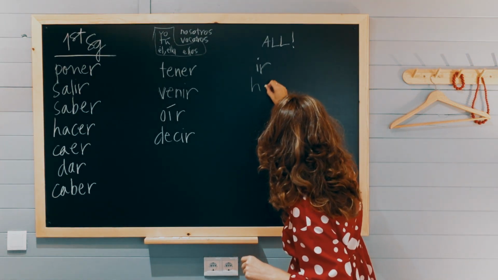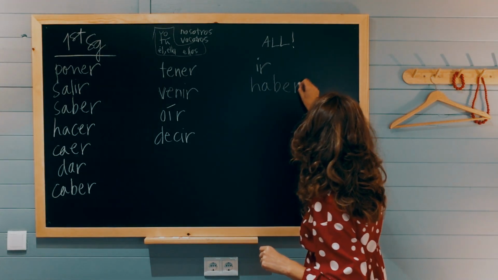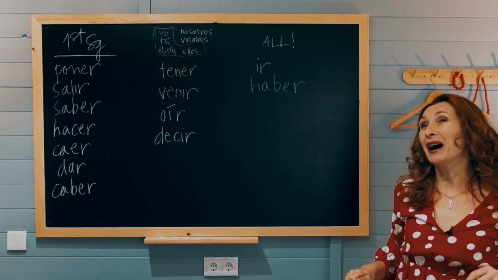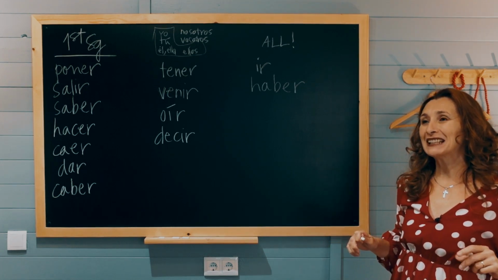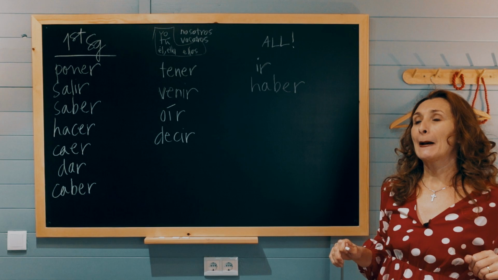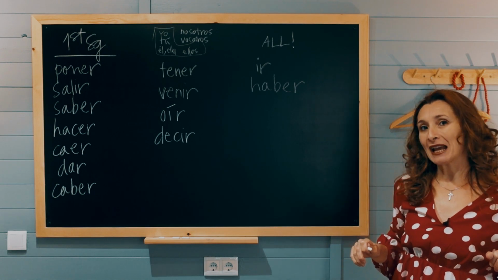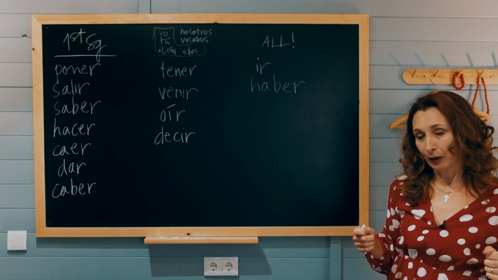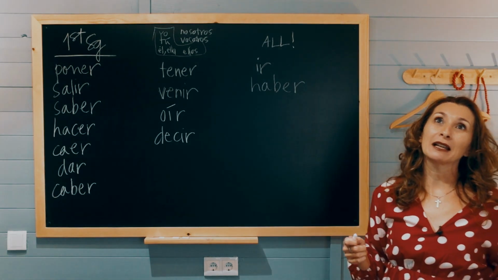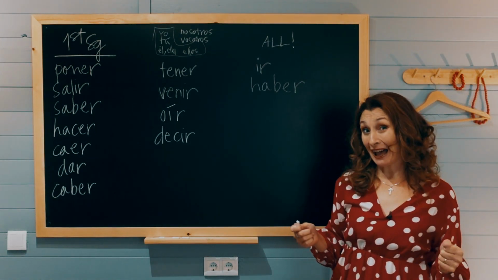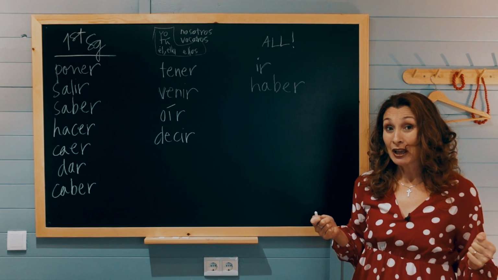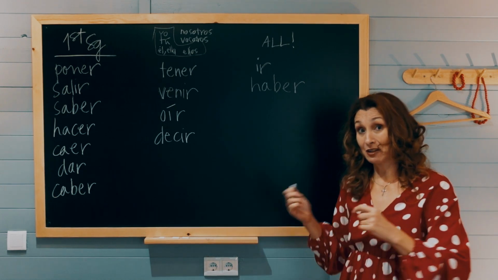And another one is haber. Now, haber in Spanish is only used as an auxiliary verb, like the verb to have in English when we use it as an auxiliary verb.